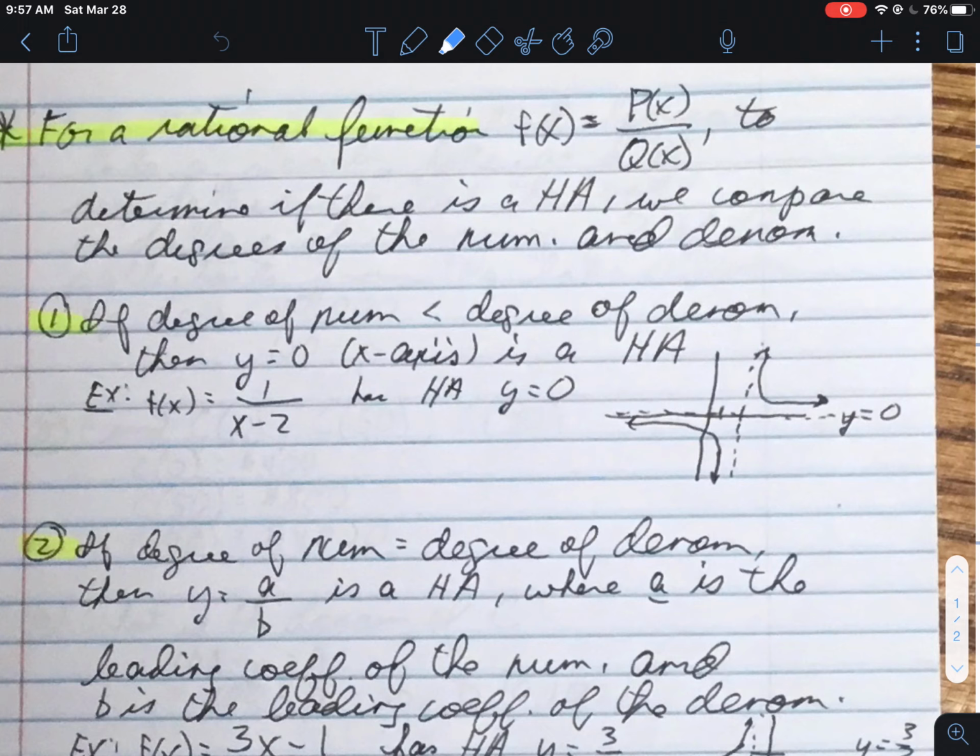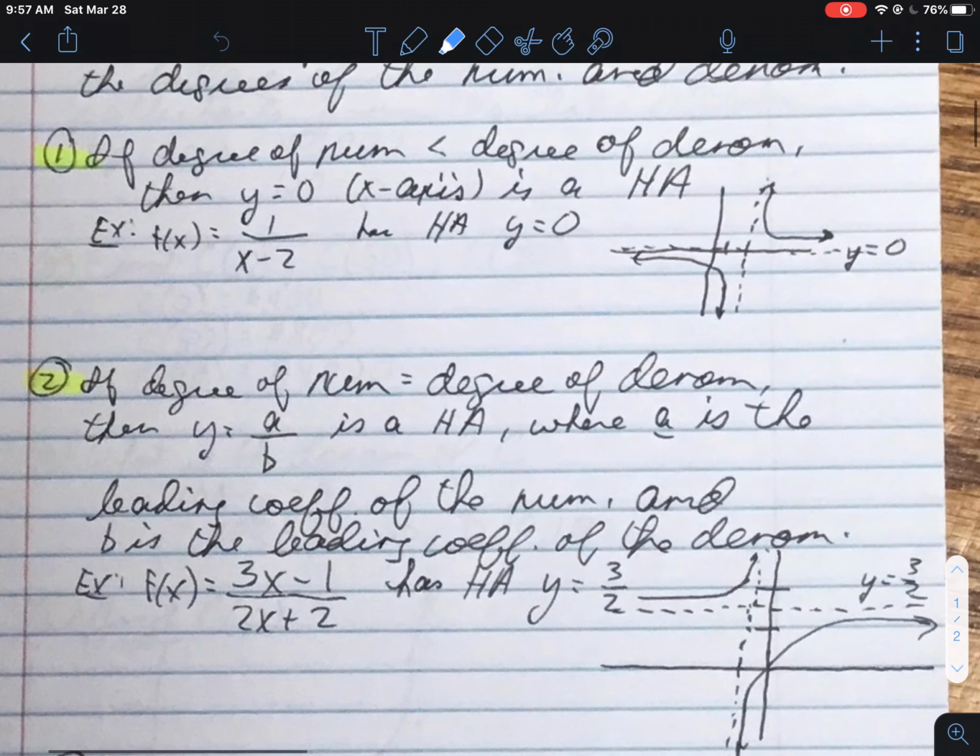To determine if there, first of all, is a horizontal asymptote, we compare the degrees of the numerator and the denominator. If the degree of the numerator is less than the degree of the denominator, then the x-axis, whose equation is y equals 0, is a horizontal asymptote on the graph of that function.